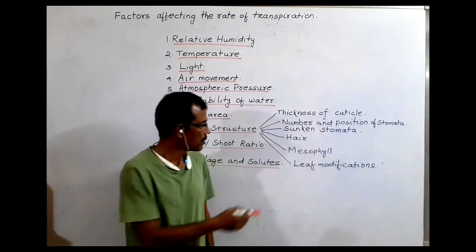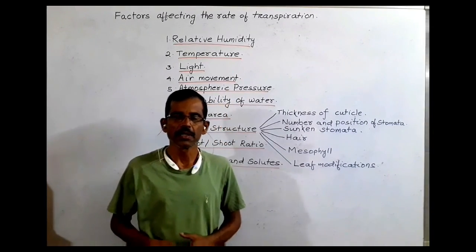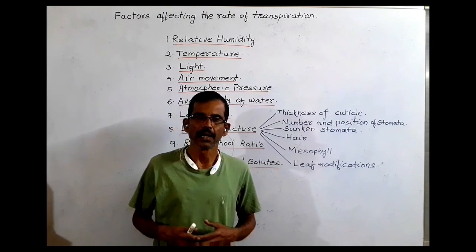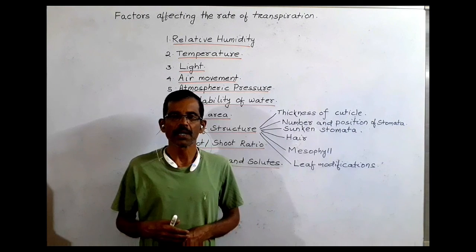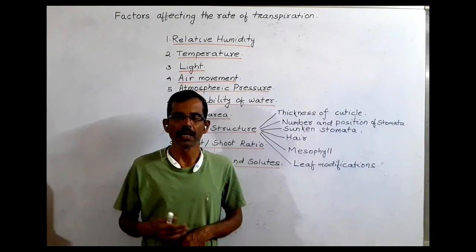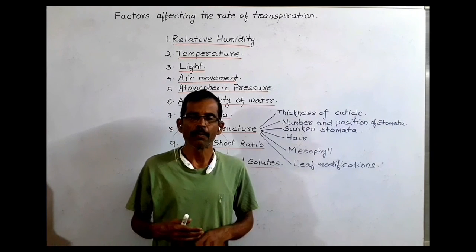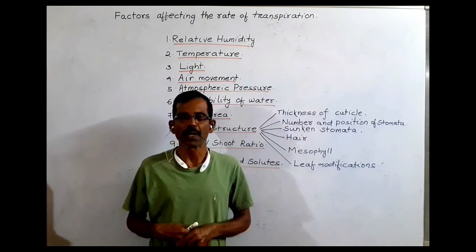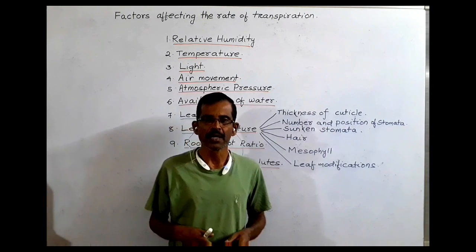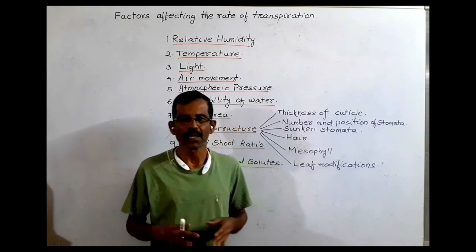Next factor is mesophyll. Mesophyll is the photosynthetic tissue present in the leaves. It is composed of spongy parenchyma and palisade parenchyma. The cells of palisade parenchyma are compactly arranged, whereas the cells of spongy parenchyma are loosely arranged and have large intercellular air space.